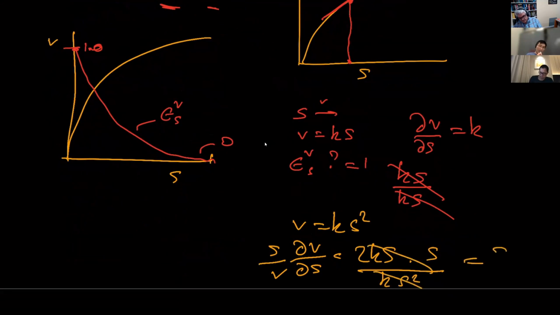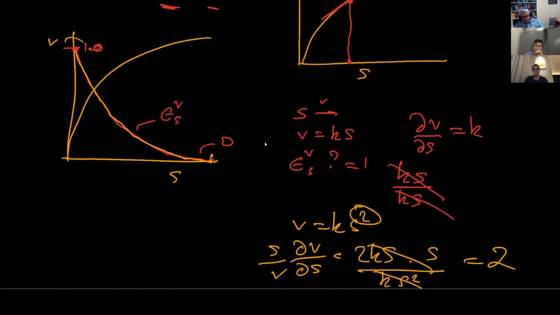Cancel, cancel, equals 2. So the elasticity is obviously closely related to what's called the kinetic order of the reaction. There's first order, second order, third order, 0 order. What we have with an enzyme, though, is a variable order case. So the elasticity can vary in value from 1 to 0.